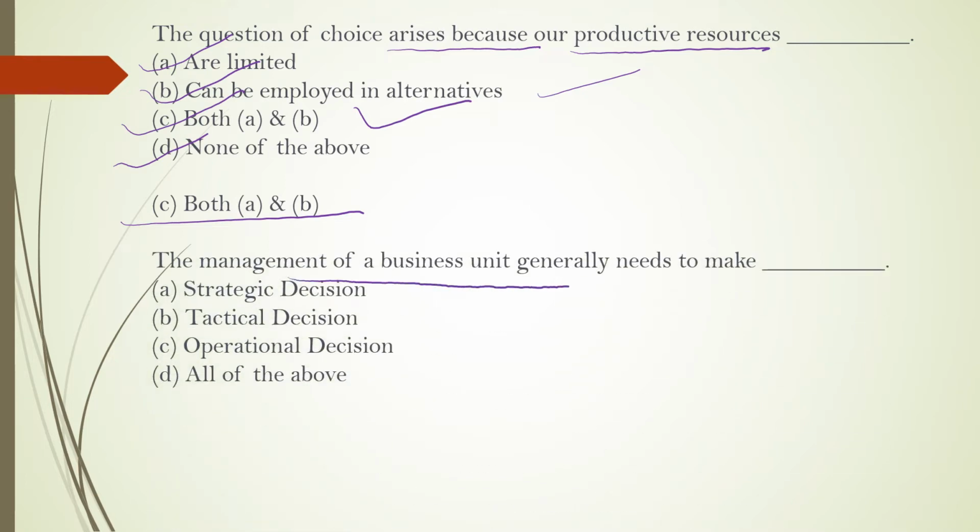Management of a business unit generally needs to make strategic decisions, tactical decisions, operational decisions, all of the above. Management of business units needs all: strategic, tactical and operational decisions. So all of the above is the right answer.